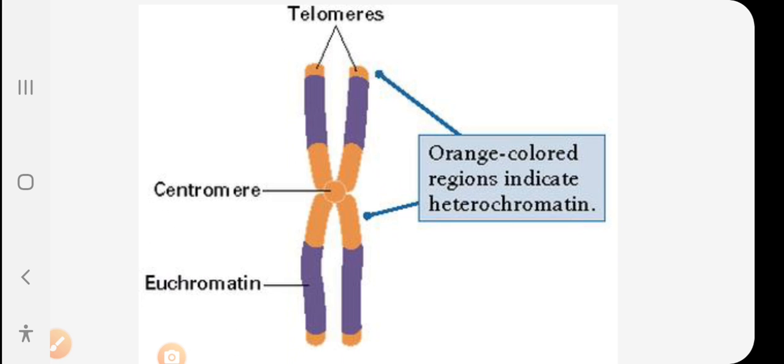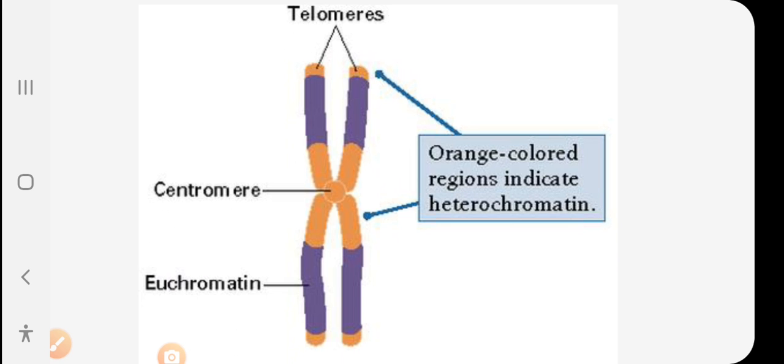And telomeres also have highly repetitive DNA sequences. The very end parts, the extreme ends of the chromosomes, are known as telomeres, first observed by Muller.